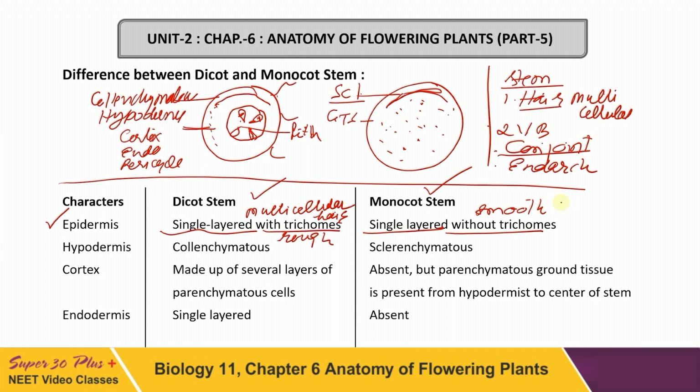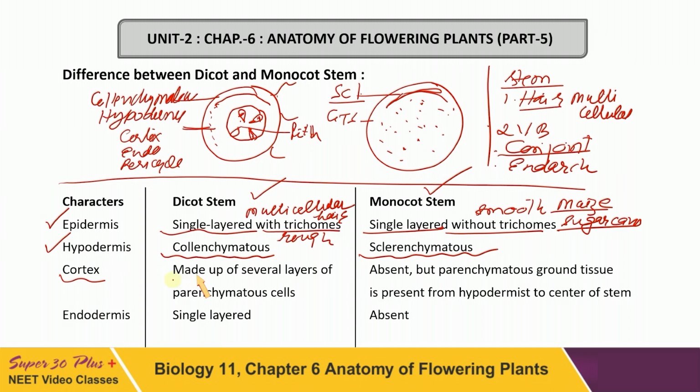You have seen that the stem of maize or sugarcane has a smooth surface, because trichomes are absent here. Come to the next now, hypodermis. Just below the epidermis, the hypodermis here is different from the hypodermis here.